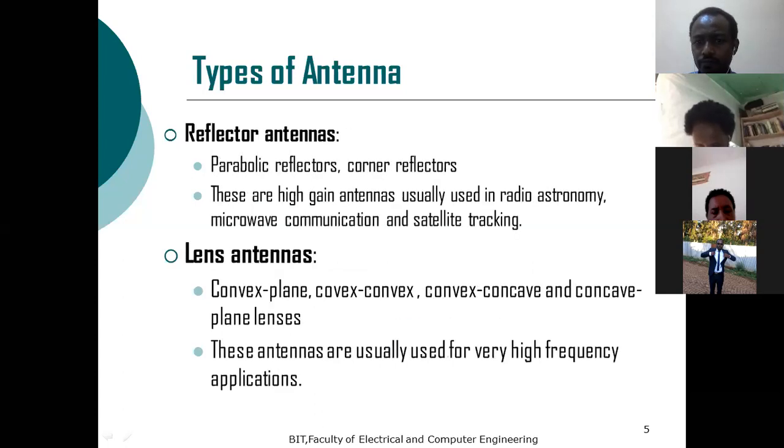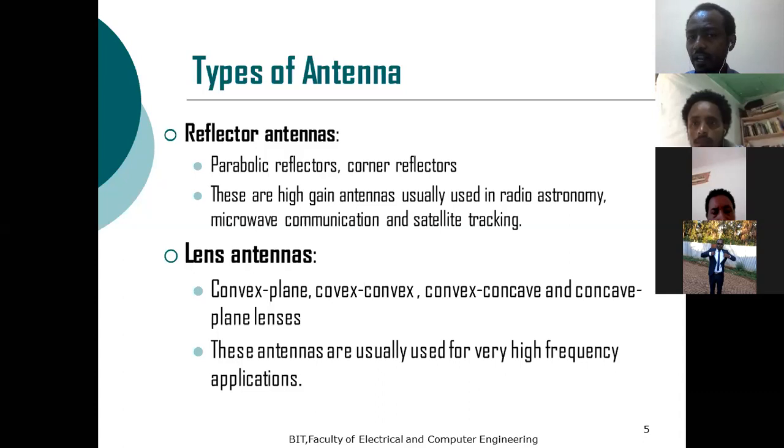The other type of antenna is the reflector antenna. As the name implies, it uses the reflection phenomenon. In this class, the parabolic reflector and the corner reflectors are classified. They are very directive.